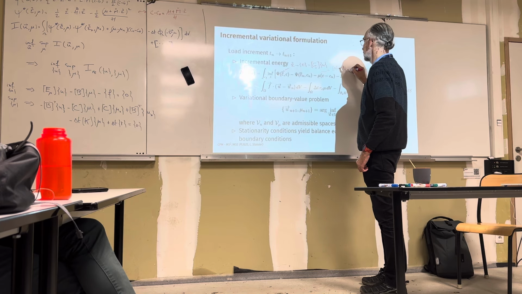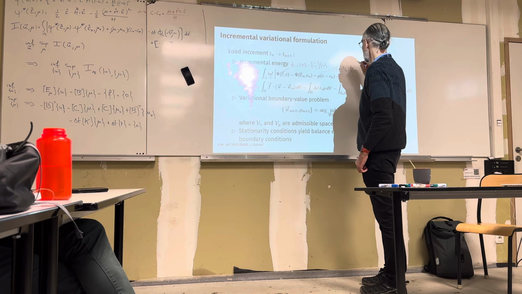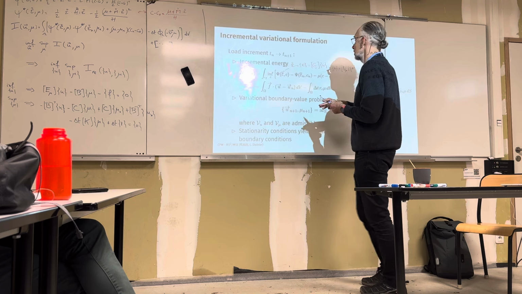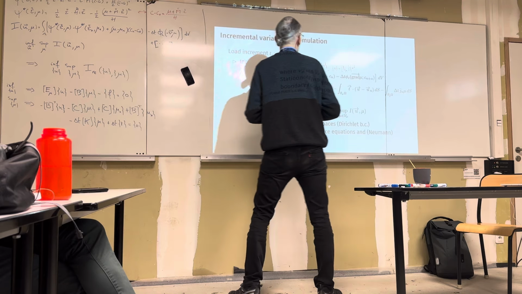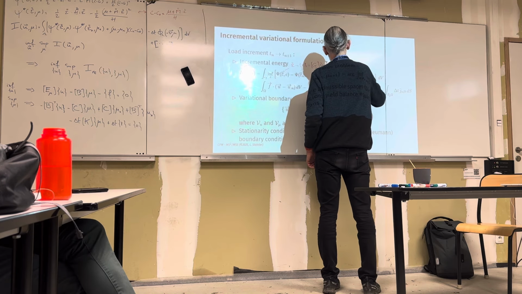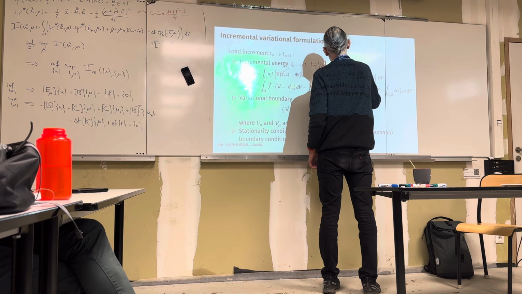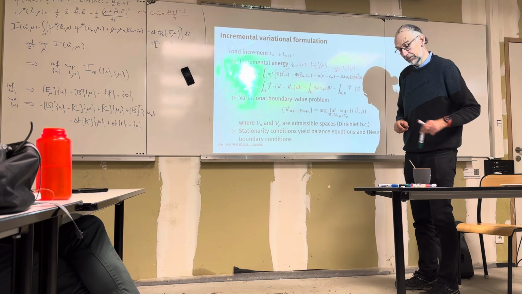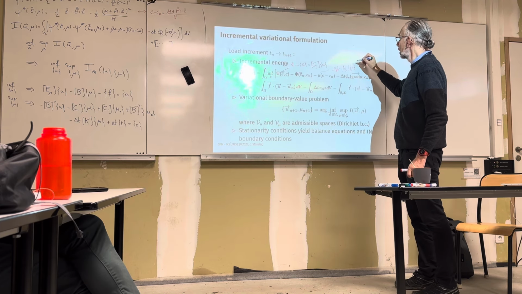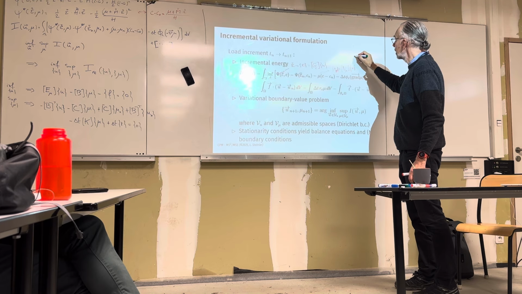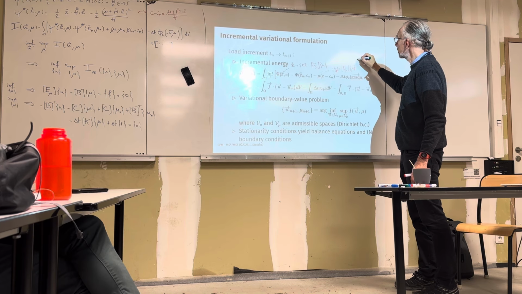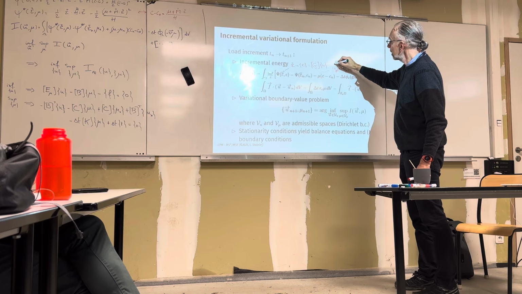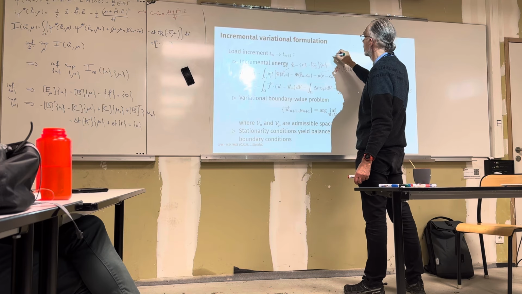Maybe I can write something like this. This is the notation we typically use. These are the nodal values, and these are the Gauss point values.